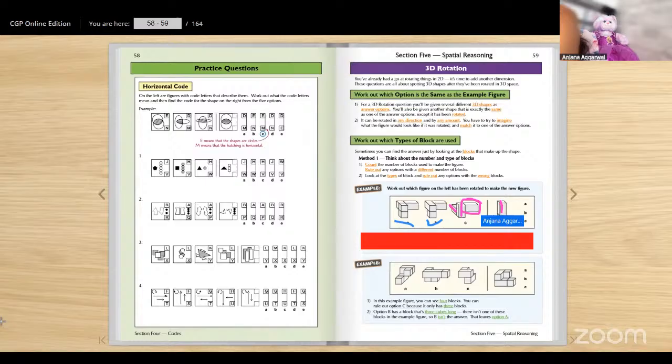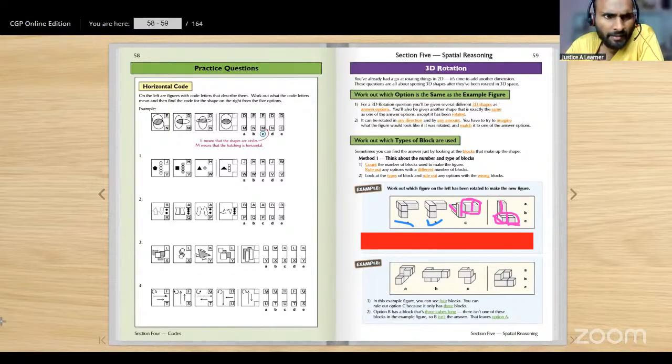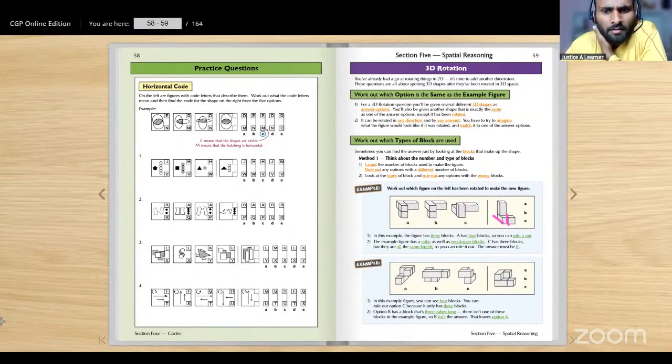But there should be two, like there should be a line in the middle. So the answer must be B. Yeah, B. Your answer is correct. Good. Now you may read this theory.